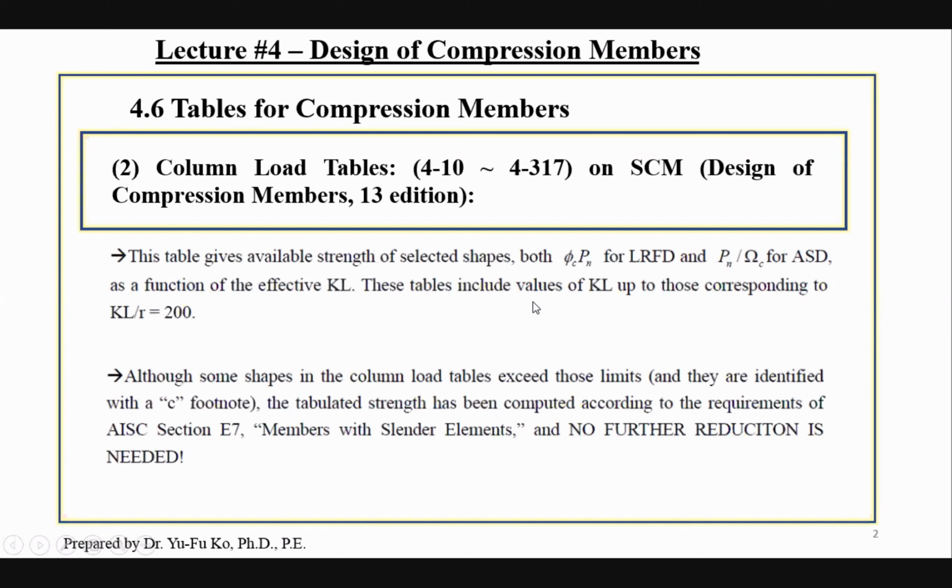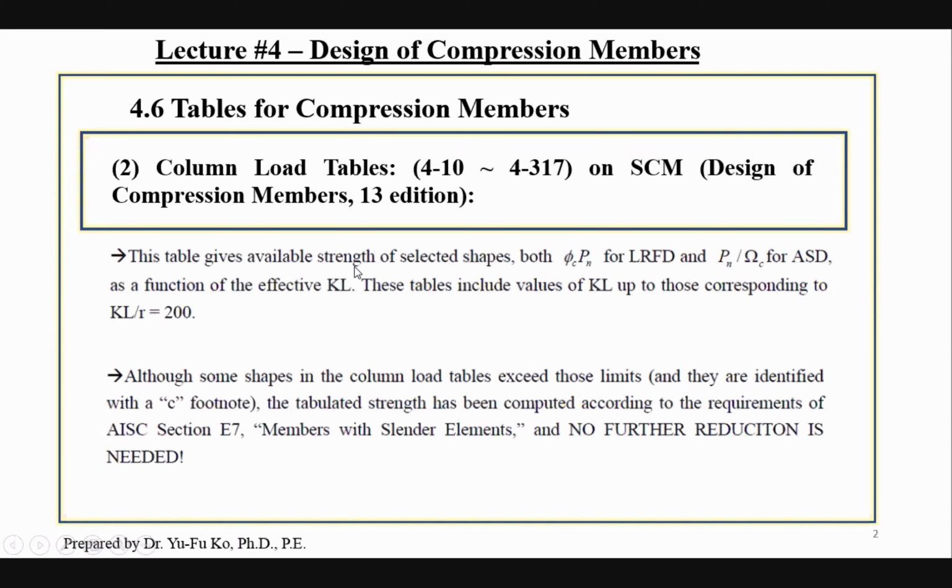Then, the next powerful table that you can use is what we call the column load table. This is on page 4-10 to 4-317. This table will give you the design strength for different shapes, for φcPn for LRFD, Pn over Ωc for ASD, for effective KL. In this column load table, if you check out the table, your input is KL.